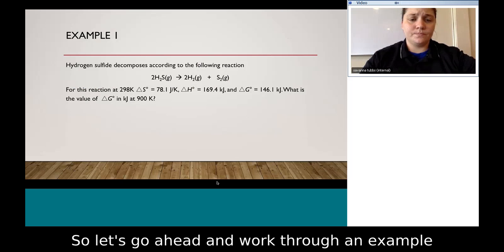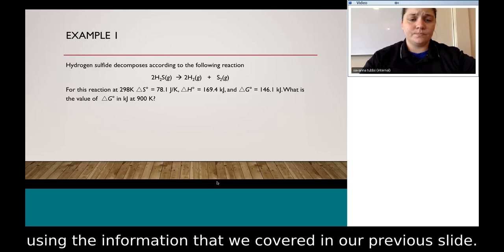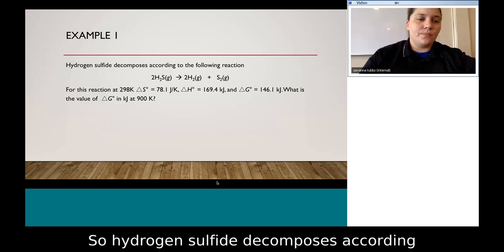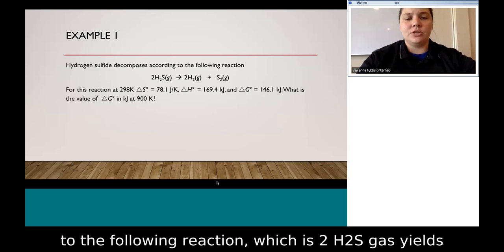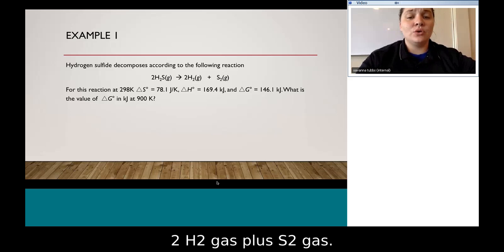So let's go ahead and work through an example using the information that we covered in our previous slides. Hydrogen sulfide decomposes according to the following reaction, which is 2H2S gas yields 2H2 gas plus S2 gas.